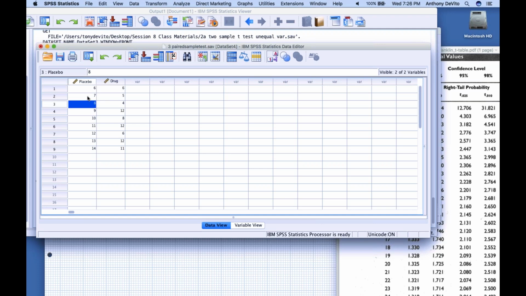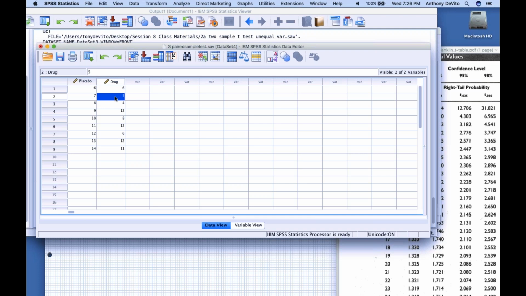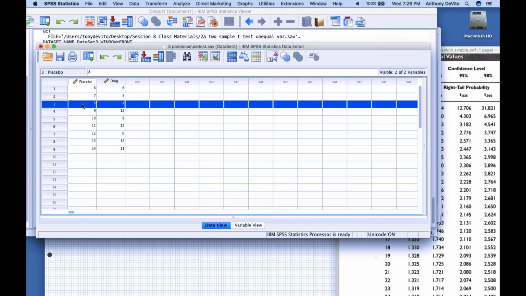And let's say that these are effectiveness ratings or pain ratings from when people took the placebo versus when they took the drug. And maybe patient 1 took the placebo for 6 weeks, and then they took the drug for 6 weeks, and then they reported their pain level. And then patient 2 took the placebo for 6 weeks and the drug for 6 weeks.